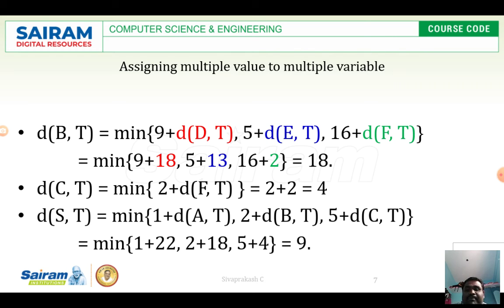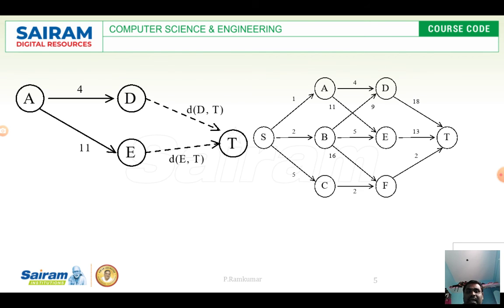Likewise, distance of B comma T will be minimum of 9 plus distance of D comma T, comma 5 plus distance of E comma T, comma 16 plus distance of F comma T. Because when you look at this diagram, from B there are three outgoing edges.